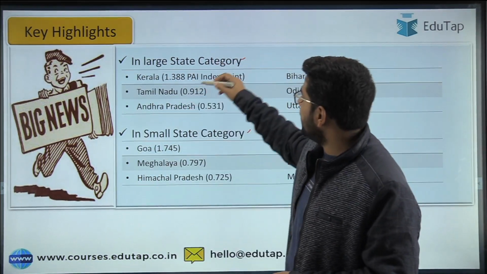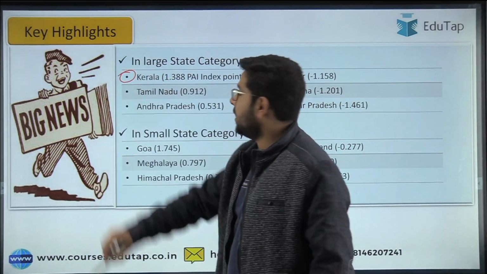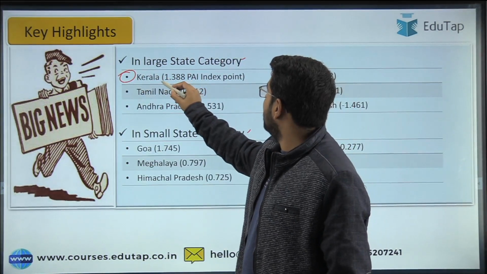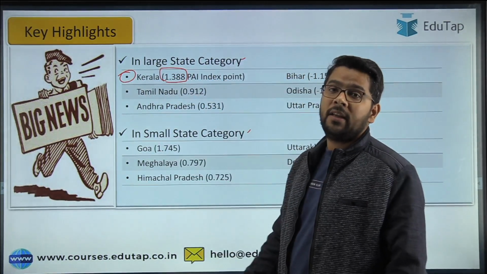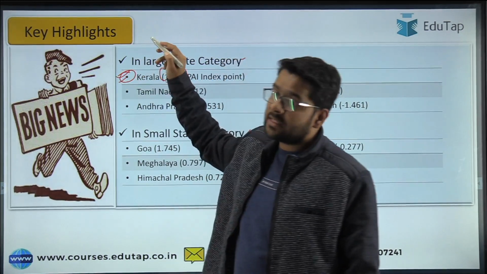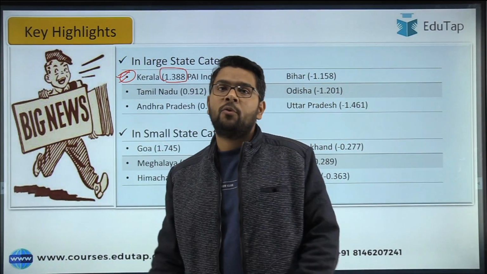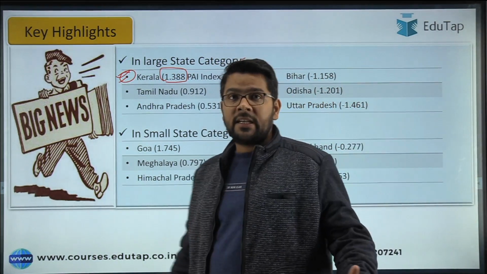So guys, in terms of the large state category, the best governing state is Kerala with a Public Affairs Index value of 1.388. So guys, this is the value and this is the best performing state. A question can be asked that under the Public Affairs Index report 2020, which is the best performing state in the large state category?